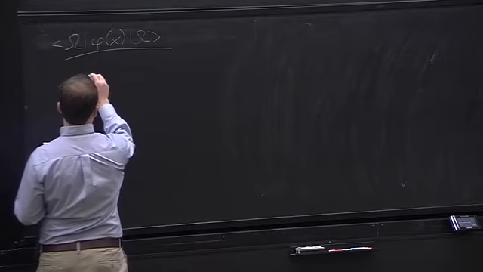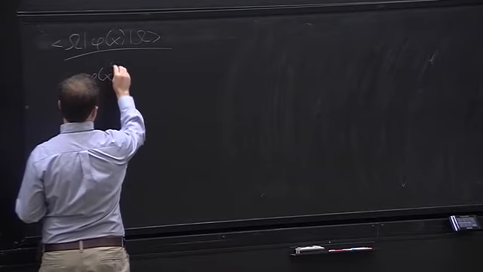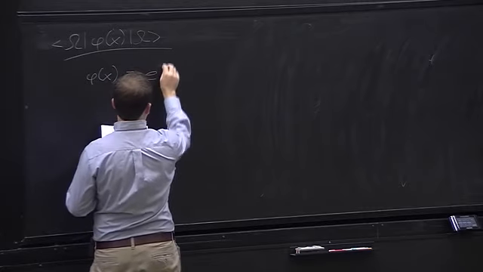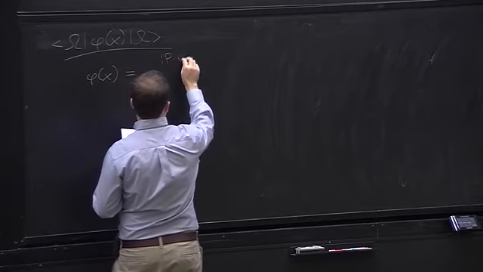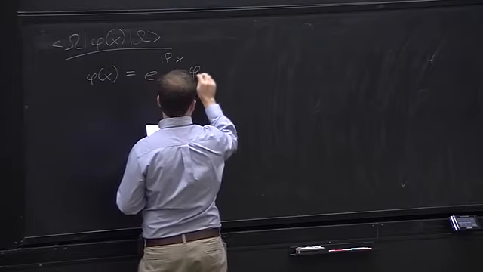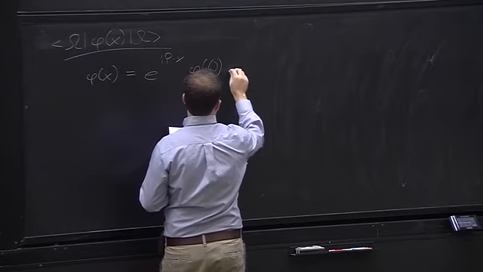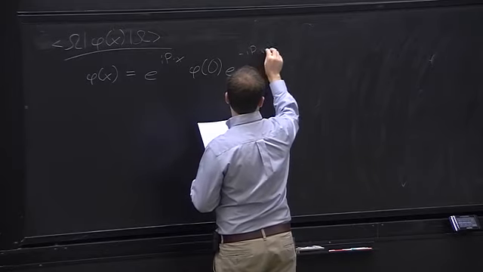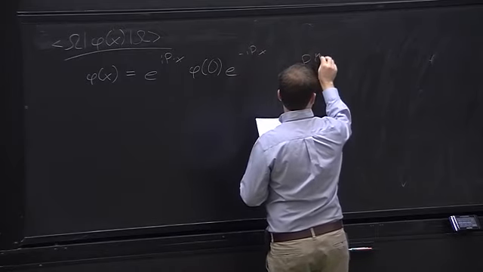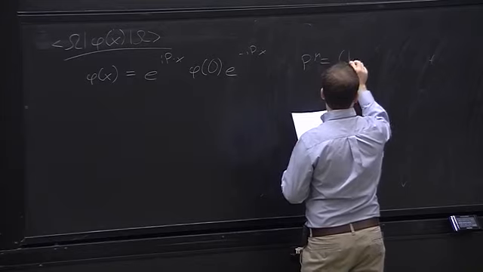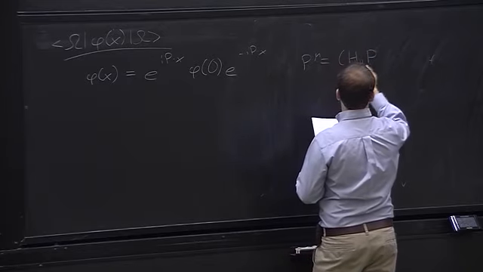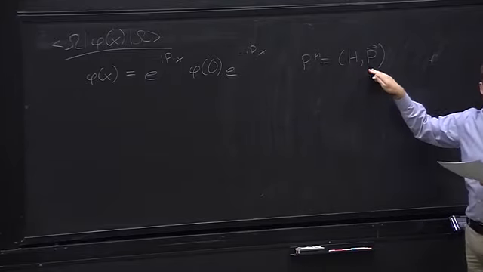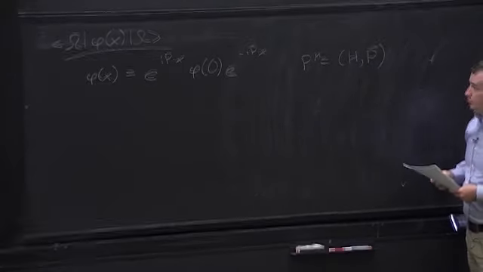Well, one thing we can do is we can write our field in terms of a translated version of the field, where P mu is, the zeroth component is the Hamiltonian, and the other three components are the momentum operator.